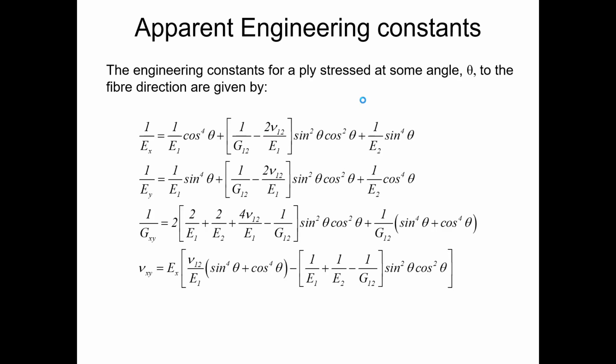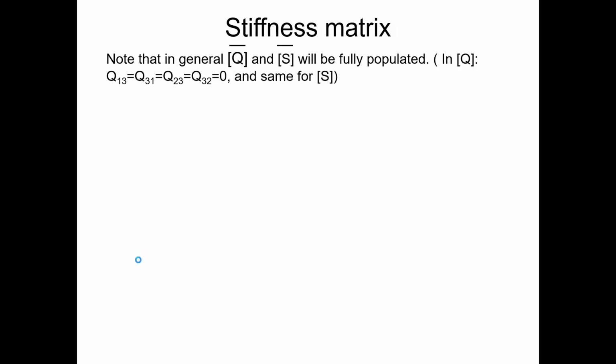We can also derive the apparent engineering constants from the equation. After we rotate the material directions, we can find the global equivalent moduli Ex, Ey, Gxy, etc. Note that in general Q bar and S bar will be fully populated.